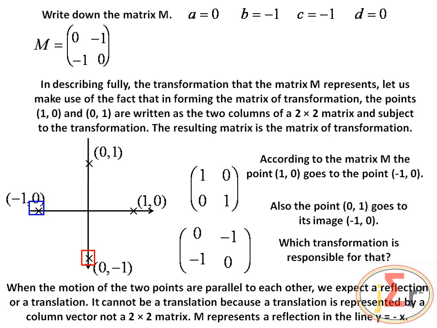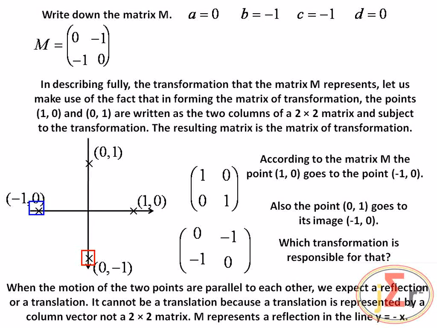We have two transformations with that property: one is translation and one is reflection. We are sure that we are not talking about a translation because a translation is represented by a column vector, not a 2 by 2 matrix.